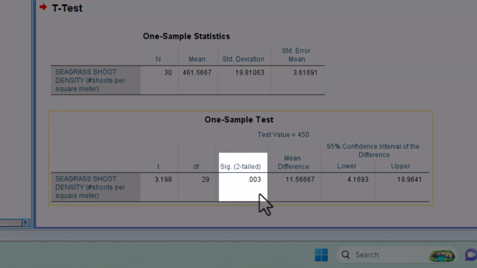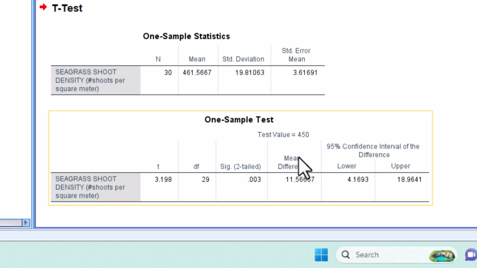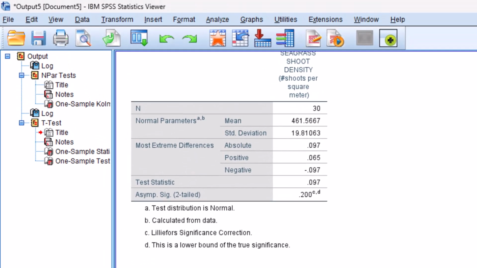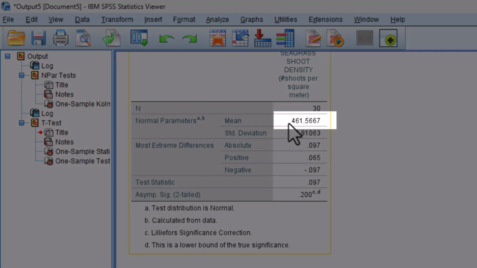Now, since this is less than 0.05, we have to reject HO and claim that the average seagrass shoot density of our sample is not equal to 450 per square meter. If you check our descriptive stats table here, we have a mean of 461.5667.